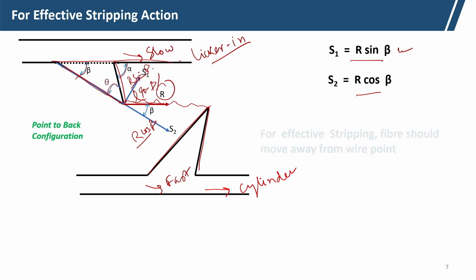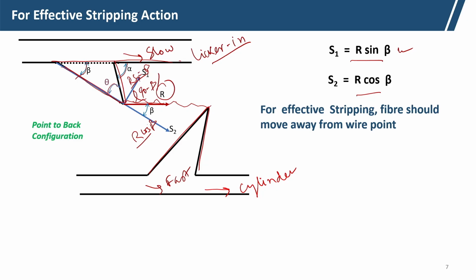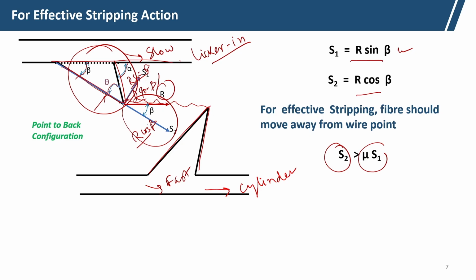So, here you can see for effective stripping action fiber should move away from the wire point, and for effective carding action we have mentioned fiber should stay on the wire point. Now, here if you want the fiber to move away from the wire point, that means S2 should be more than mu S1. The S1 force is the normal force applied on this wire point.